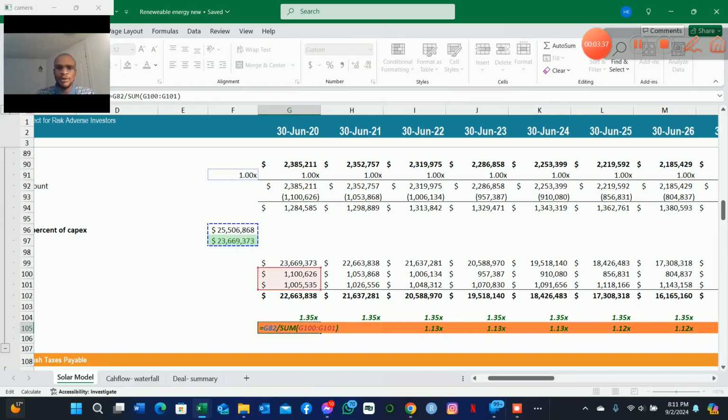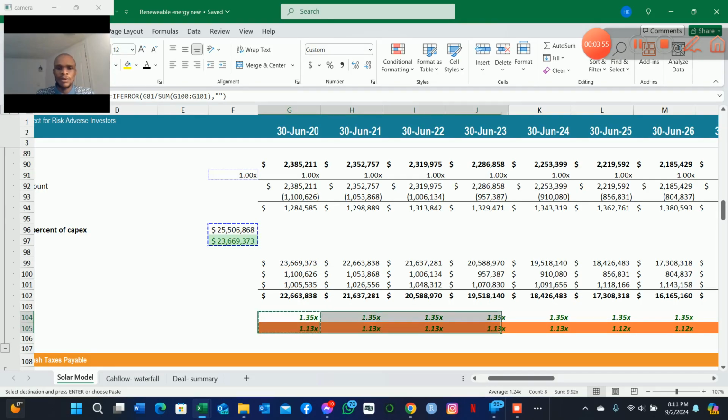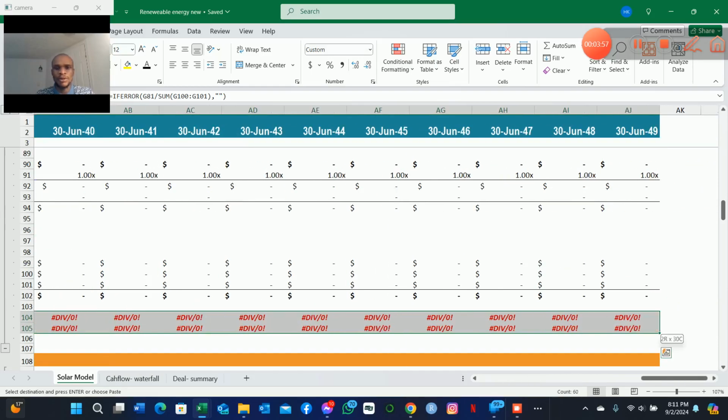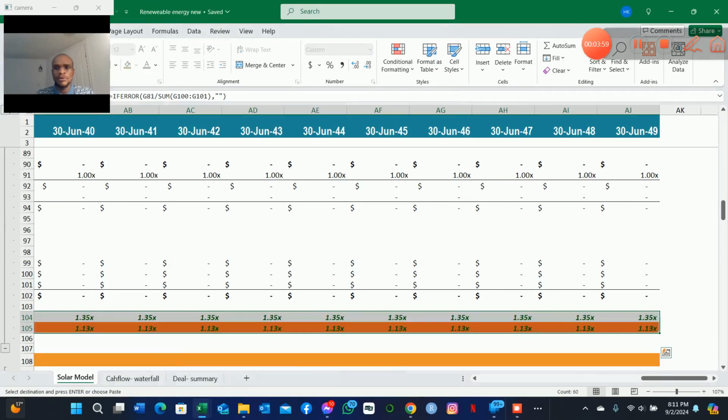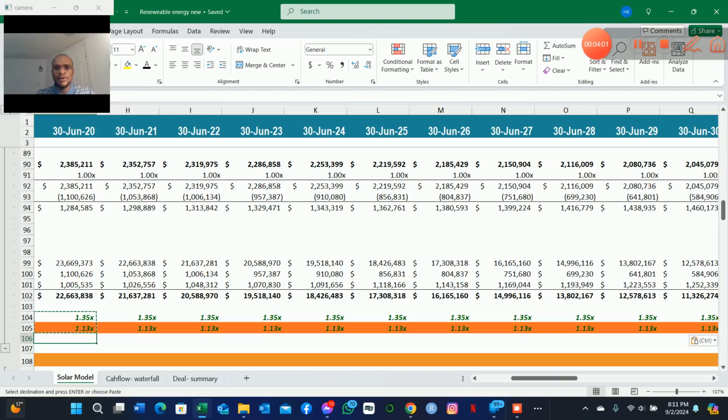Do the same thing for the P99. IFERROR, give us a blank, and click this to copy it, or ESF, this is formulas.